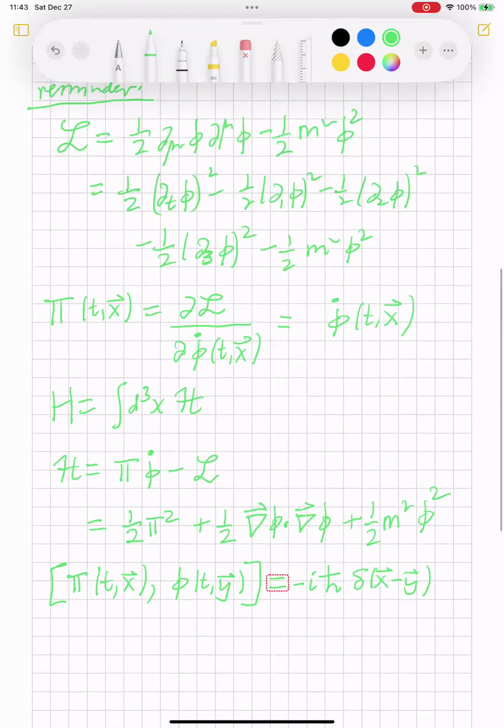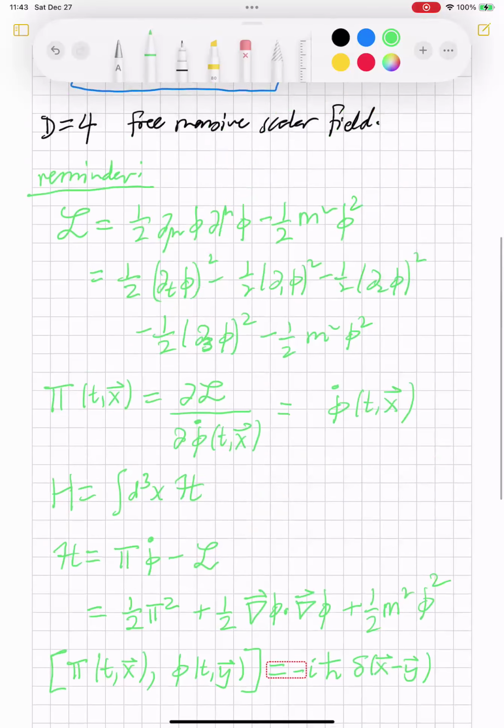Good. So this is just a reminder of all of the formulas that we would have written if we were quantizing the free massive scalar field in d equals 4 using an equal time quantization.